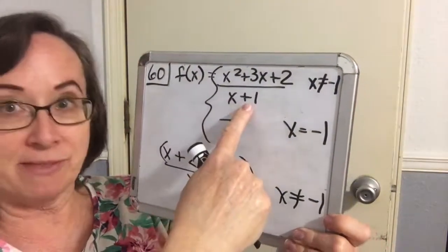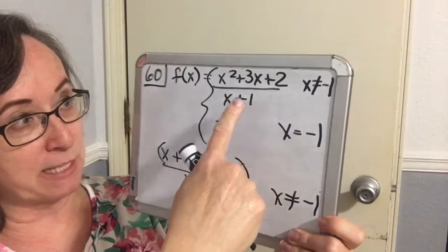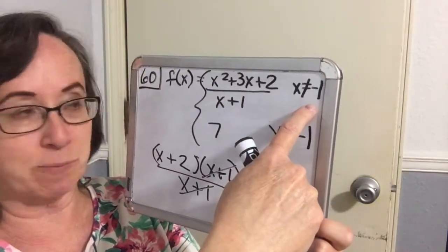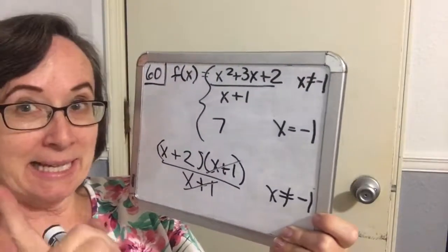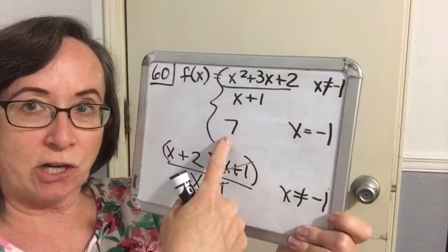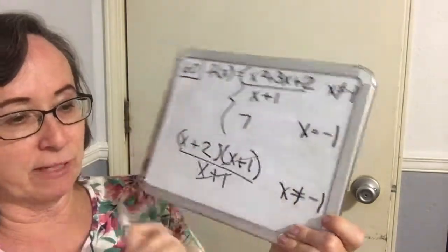So we can graph this as a line, x plus 2, everywhere except we're going to leave a hole when x is negative 1. And then in place of that hole, we're going to put a darkened circle at 7. So this is what this is going to look like.